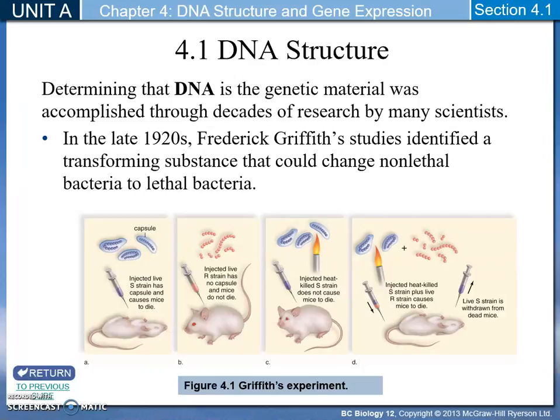You took two separate materials, the R strain with no capsule and the denatured S strain. Individually, they did not kill the mice. However, when the two of them together were injected into the mice, it did kill them. So that was a very, very interesting result.